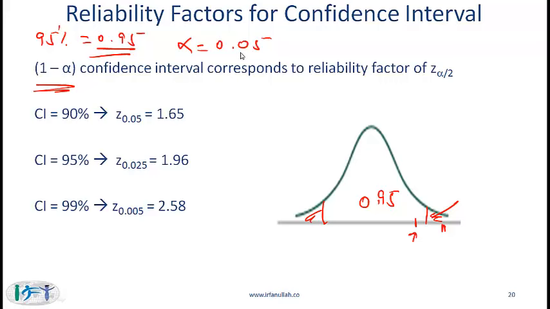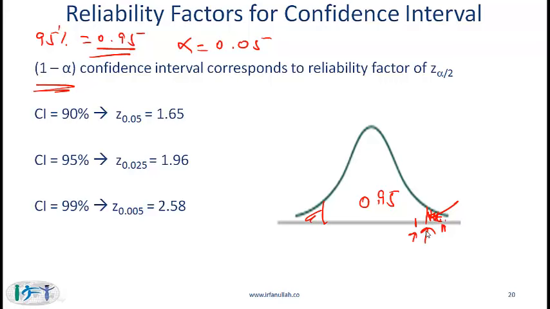And because 0.05 is the probability in both the tails, and we are only concerned about the probability in one tail when we come up with the z value, that's why this is written as z alpha over 2, which here is 0.05 over 2, and in the case that we've been studying, it is 0.025.